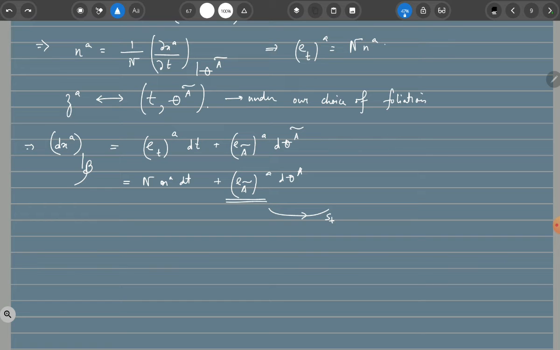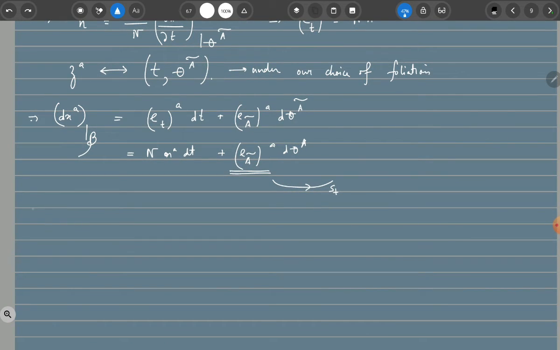Okay, so let us construct the metric on the hypersurface curly B, which is gamma mu nu dx mu dx nu is equals to gab dxa restricted to B dxb restricted to B, and let us input these values of dxa.